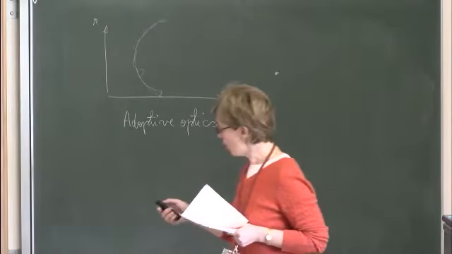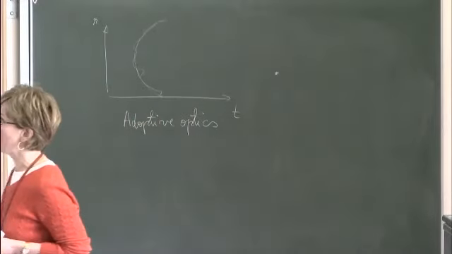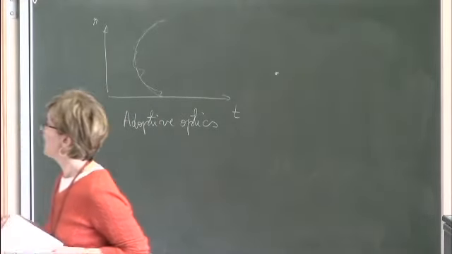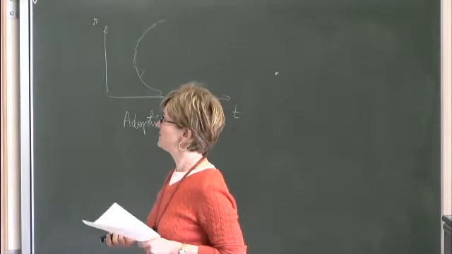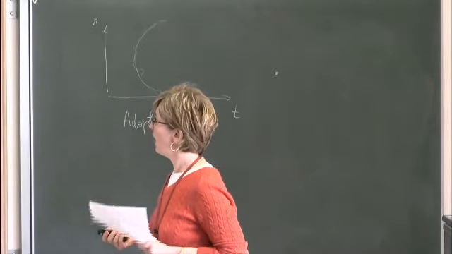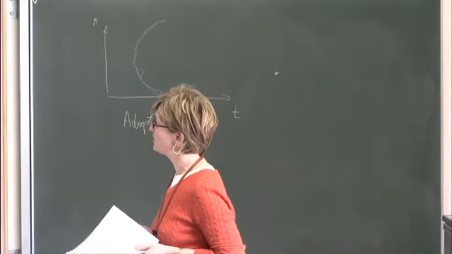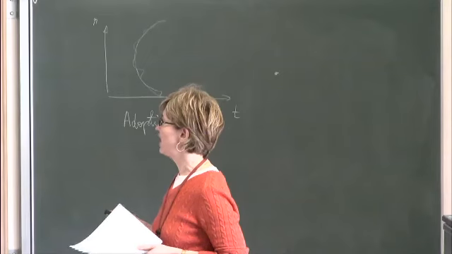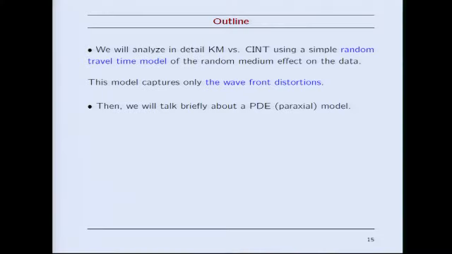So that's the model that I'm going to spend most of the time on, because it will allow me to do very, very explicit calculations. And then in the end, if I have time, I will talk about a more sophisticated model, where we have to go to the PDE, called the paraxial model.